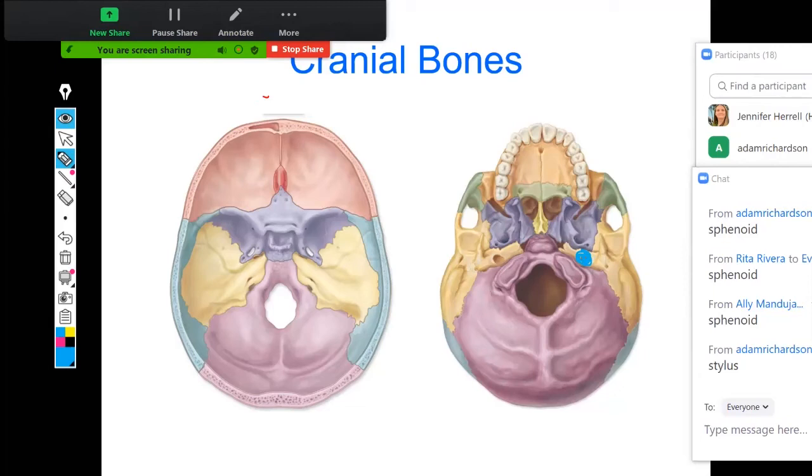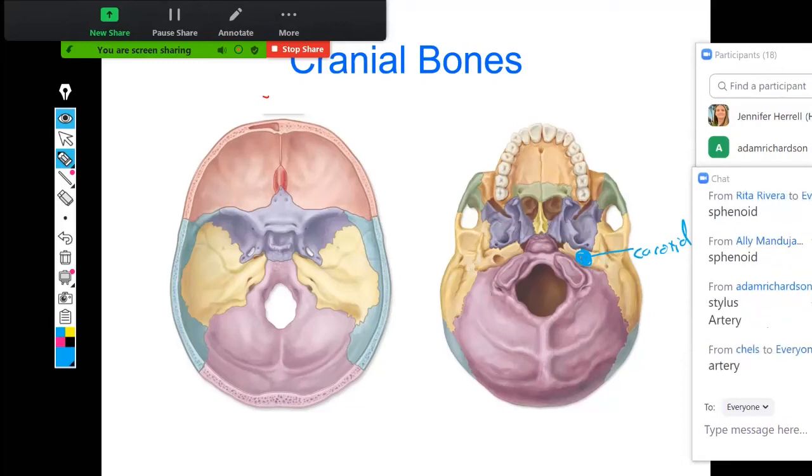Do you guys know what the carotid is? A carotid what? Artery, right. You've got a giant artery that runs up your throat, and this is where it goes into the skull. There's also an opening kind of behind it that you can't see from this angle. It's the jugular foramen, and that lets the big giant jugular vein come out. So they kind of run the same direction. So that's another one to look for.